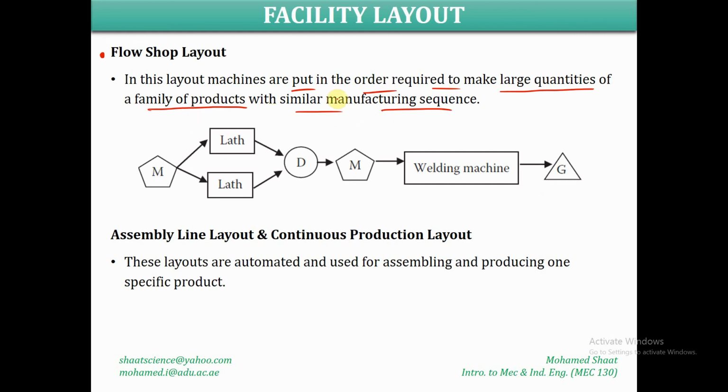So in this layout, the machines are put in the order required to make large quantities of a family of products with similar manufacturing sequence. Like we start with the milling, lathe, and drilling, then milling, then grinding, welding, and then we end up with the grinding operation.